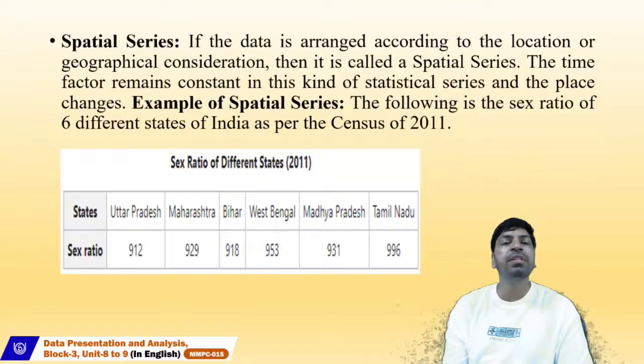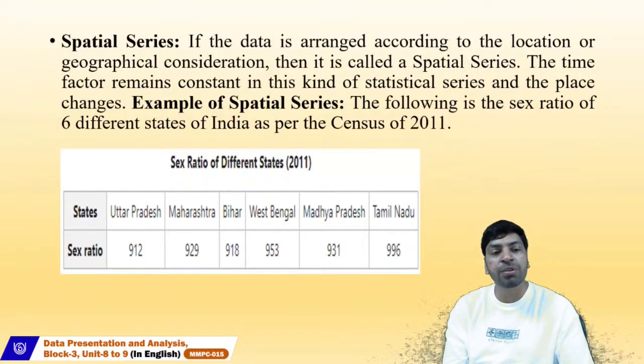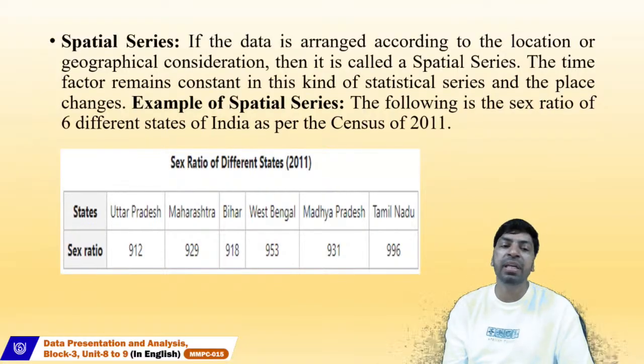So example of the spatial series: the following details is the sex ratio of 6 different states of India as per the census of 2011. So if you look at the sex ratios of different states, it's from Uttar Pradesh, Maharashtra to Tamil Nadu, and the sex ratio is already given.